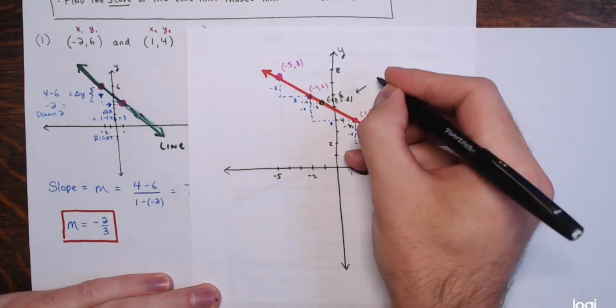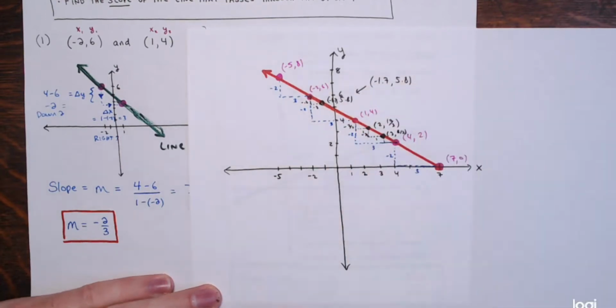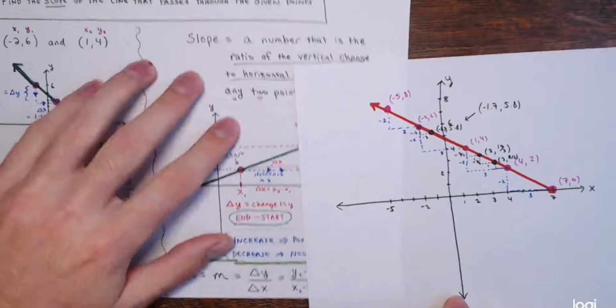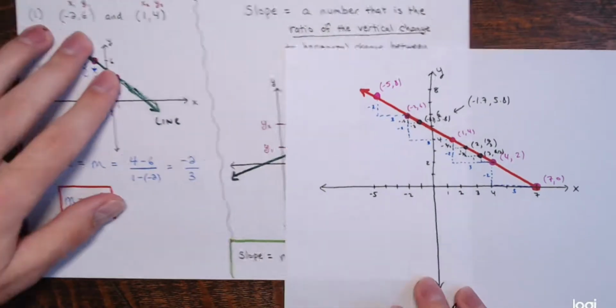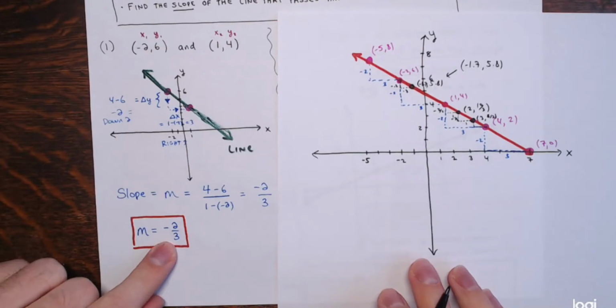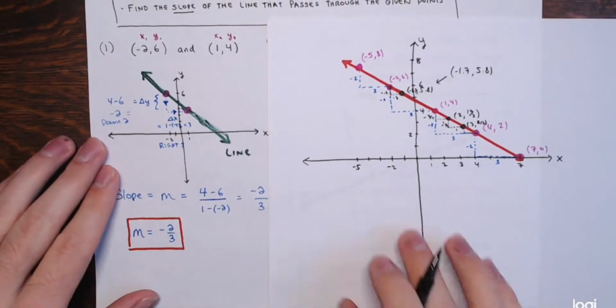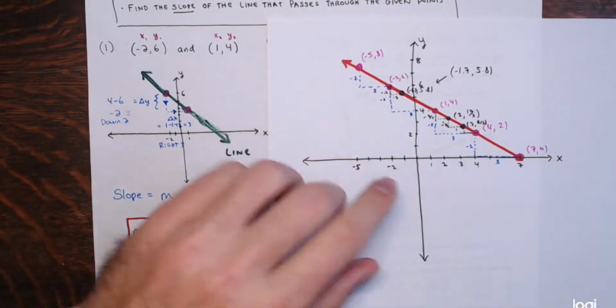So that's negative 1.7, comma 5.8. That would also be on this line. Just know that as long as the ratio of vertical change to horizontal change between any 2 points is negative 2/3, you are a point on this line.